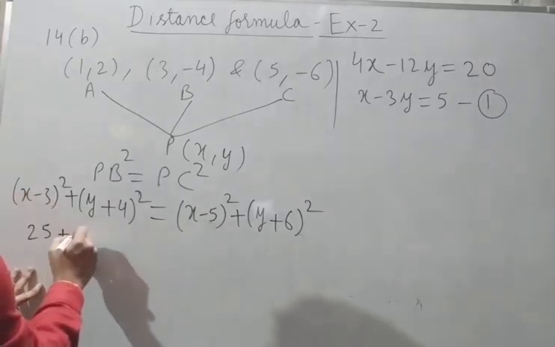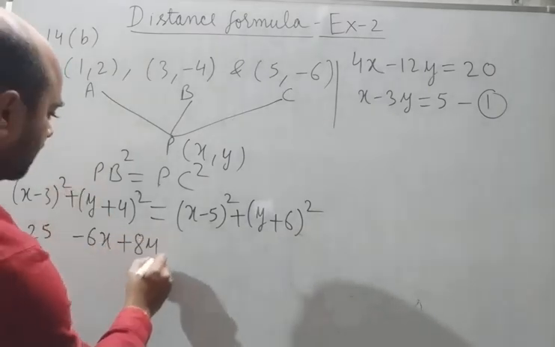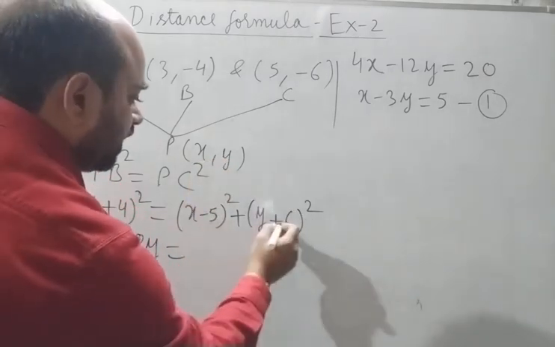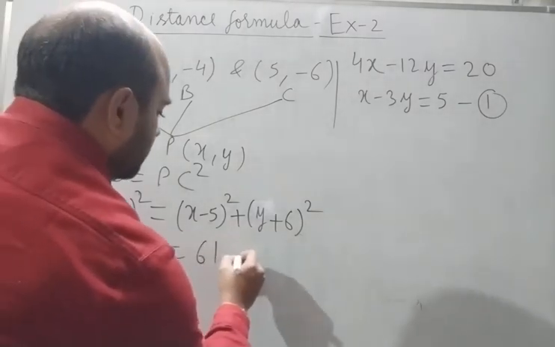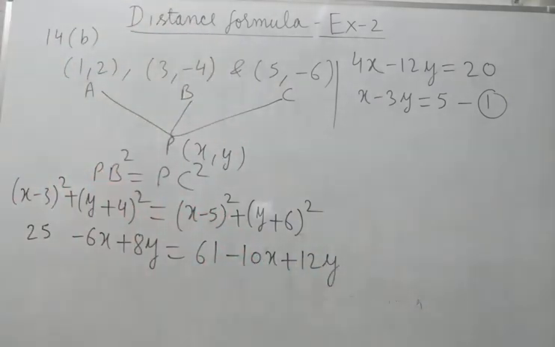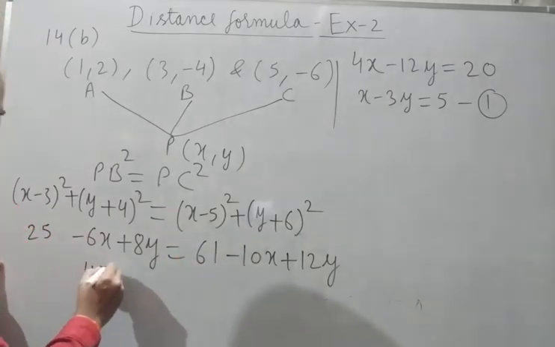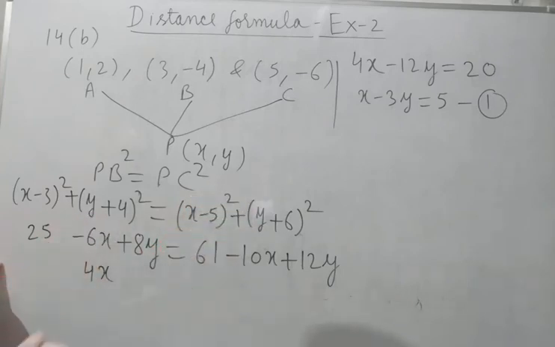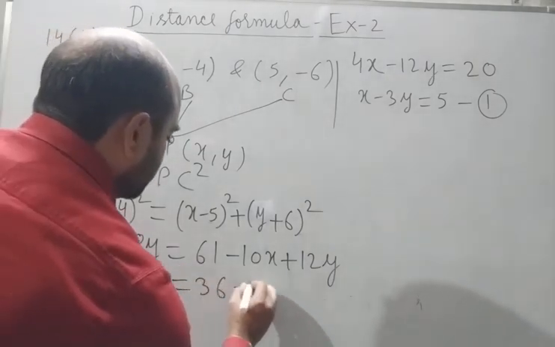Now this will become minus 6x plus 8y. Here x square plus y square cancelled. 25 plus 36, that is 61. Then minus 10x and plus 12y, correct? Then transposing, plus 10x minus 6x gives 4x, 8y minus 12y gives minus 4y, and transposing 61 minus 25 will give 36.